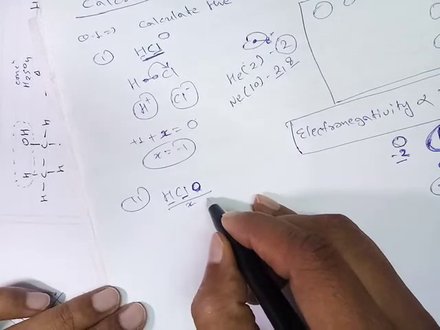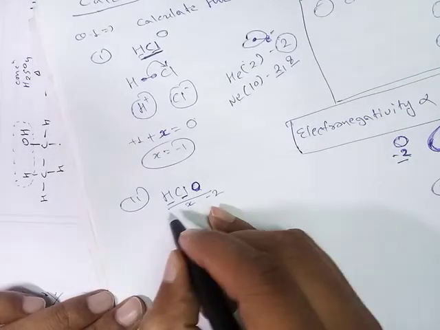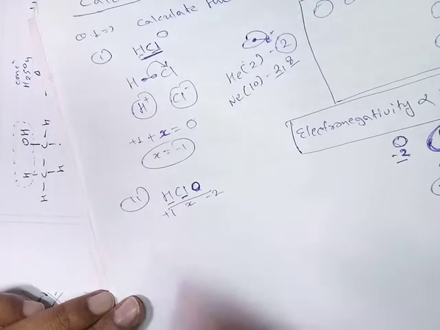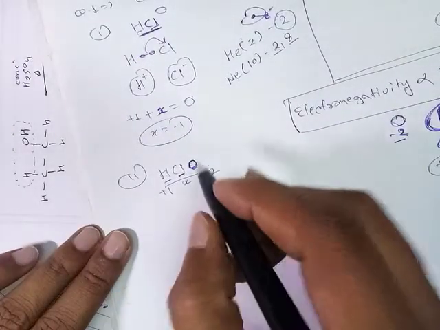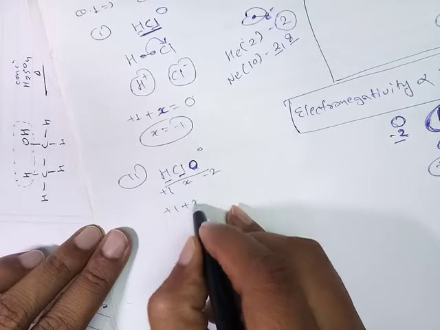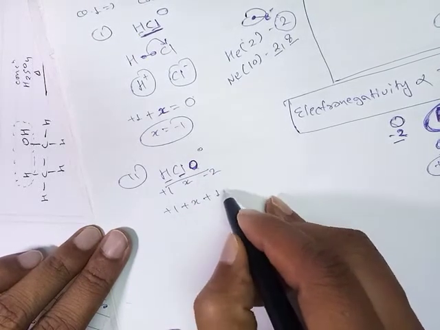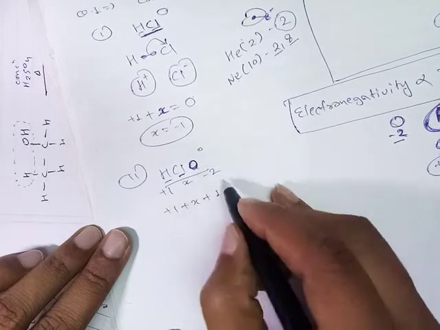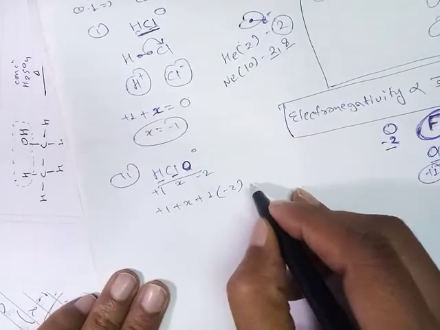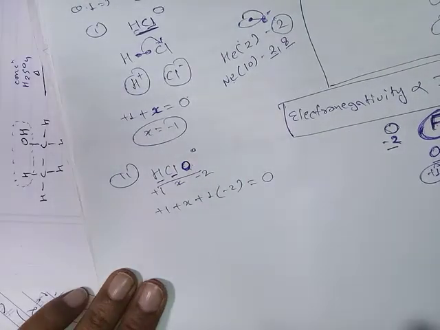So the oxidation number of oxygen will be -2 and the oxidation number of hydrogen will be +1, and the overall charge is 0. So +1 plus X plus, the number of oxygen atoms is 1 and one oxygen atom contains -2 charge, is equal to 0.